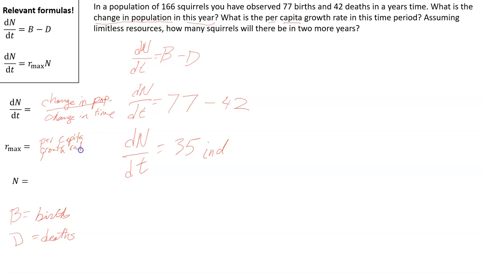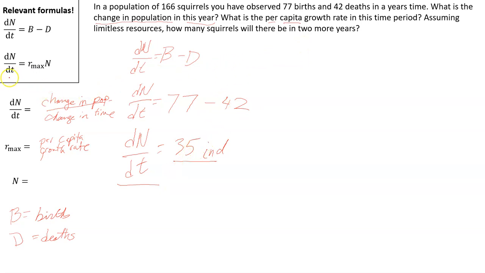Again, this assumes that there's nothing that's going to influence the growth rate like limited resources or a shrinking habitat, something like that. So it wants to know what the per capita growth rate is in this time period. We have solved one thing over here, that is dN/dt, which is 35. Now we need to find r max.